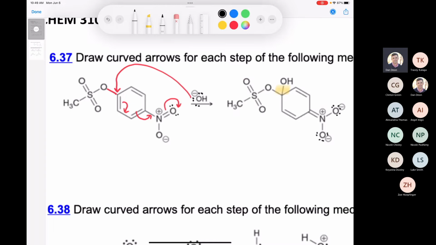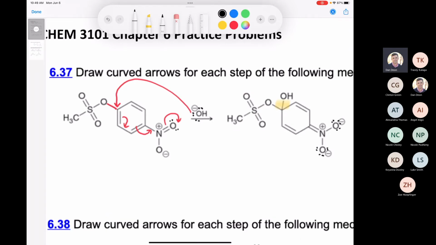So how would I describe this step? Could anybody tell me? Would this be a proton transfer, loss of leaving group, nucleophilic attack, rearrangement? Anybody have an idea about this one?